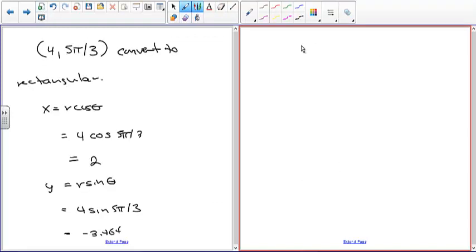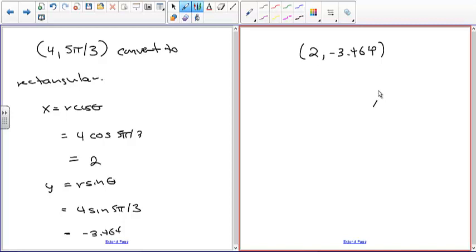So the corresponding xy coordinates are 2 comma negative 3.464. It's not anything different than you did in pre-calculus.